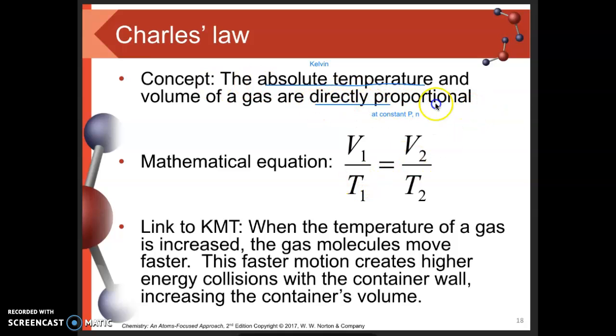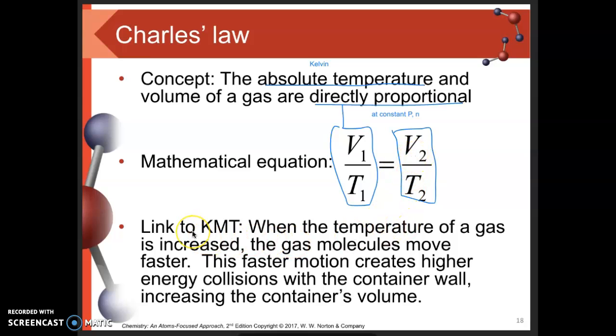So another thing to look at here, we see that we have a direct proportionality here. Direct proportionalities lead to division ratios of variables instead of products of variables. So my volume divided by my temperature at one set of conditions is equal to my volume divided by my temperature at a second set of conditions.